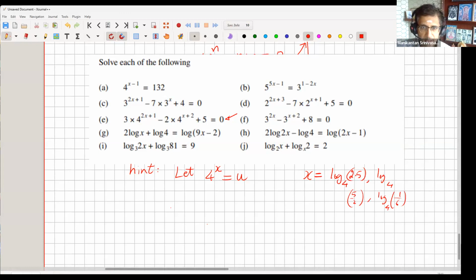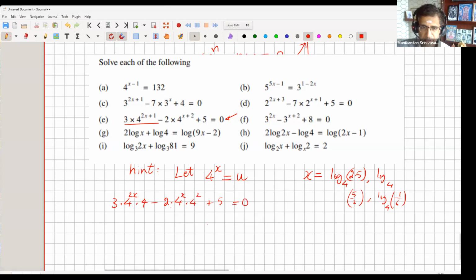So this is 3 times 4 power 2x times 4, minus 2 times 4 power x times 4 square, plus 5 equal to 0. So this is 12 times 4 power x whole square, which is u square, minus 32u, since 2 into 4 square is 32, plus 5 equal to 0.